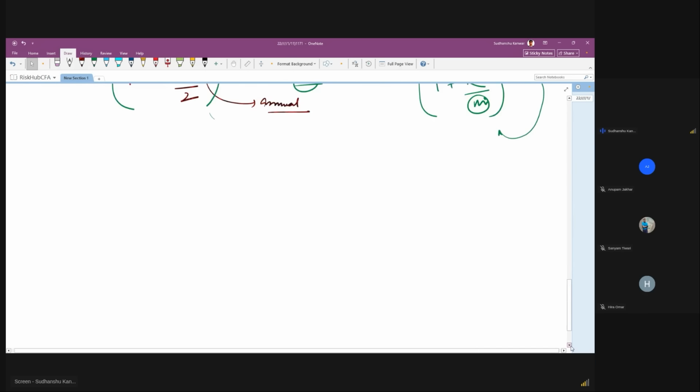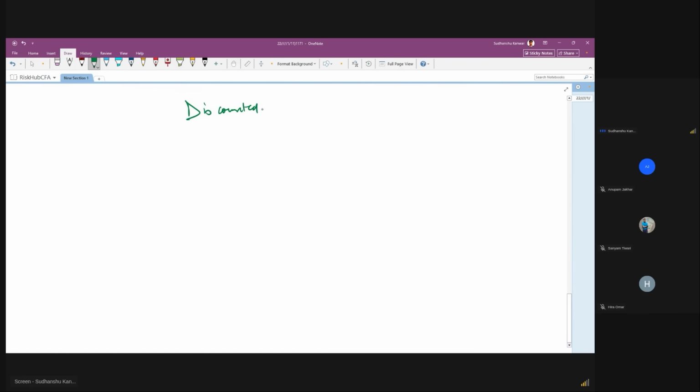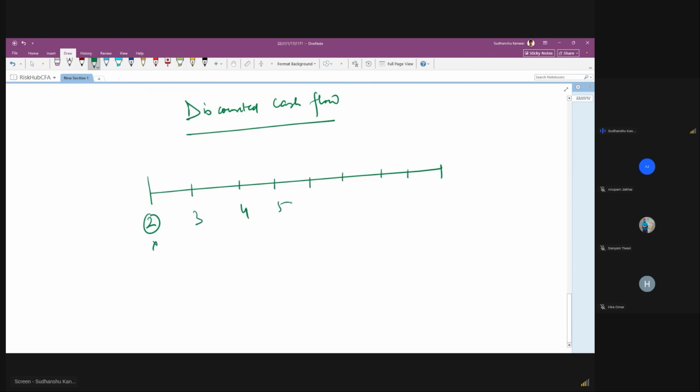See, ultimately, what are we doing? We are doing discounted cash flows, right? The whole logic of discounted cash flow is that you have cash flows which are coming. So this was the second year, we were here. Third, fourth, fifth, sixth, seven, eight, nine, 10. Then we said that our cash flows came 6 monthly.